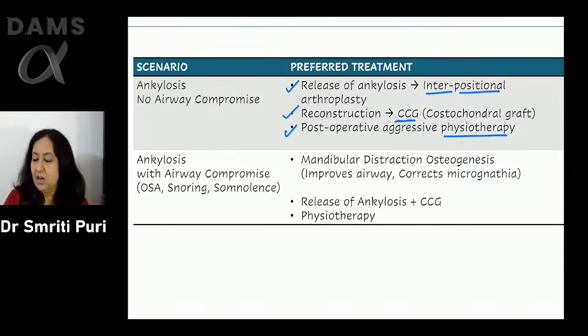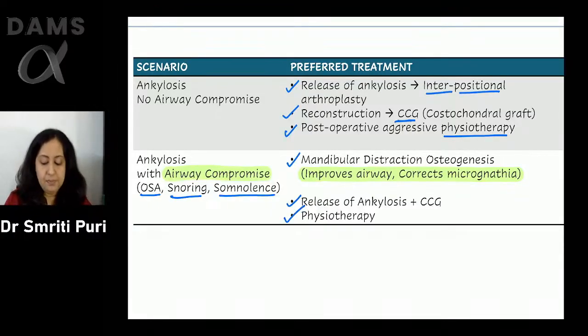But if there is ankylosis with airway compromise, and in airway compromise your signs and symptoms are obstructive sleep apnea, snoring, somnolence, okay, so you do a distraction first, which improves the airway and corrects the micrognathia, followed by release of ankylosis and costochondral grafting, and followed by aggressive physiotherapy. So you have to improve airway and correct micrognathia.